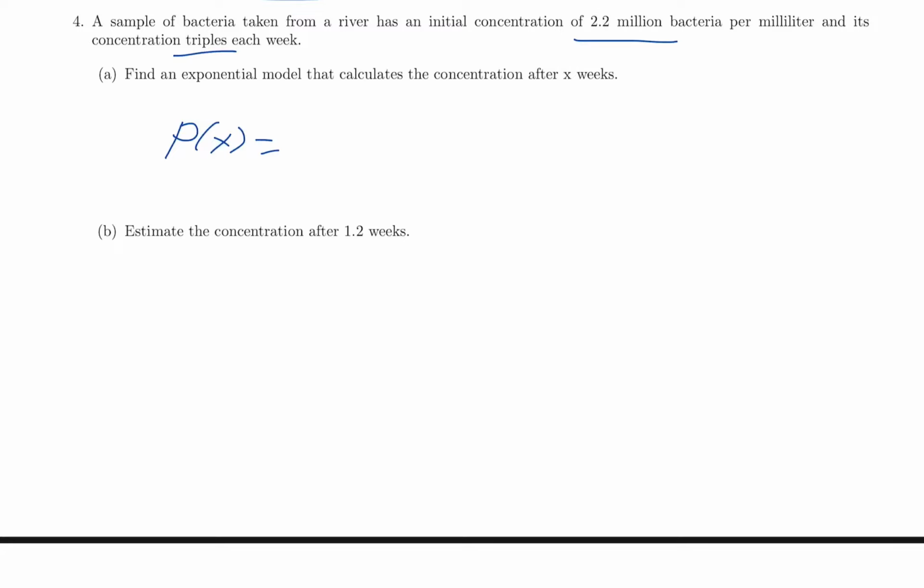We're not adding the same amount, or subtracting the same amount. We're actually tripling every time unit. So in this case, the time unit is a week. So 2.2 is the initial amount, so that means we have 2.2 as the initial amount.